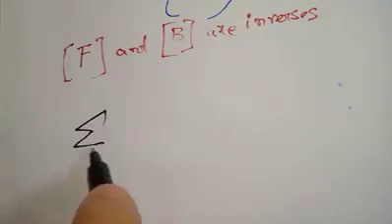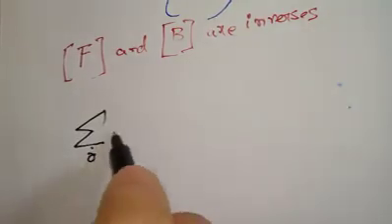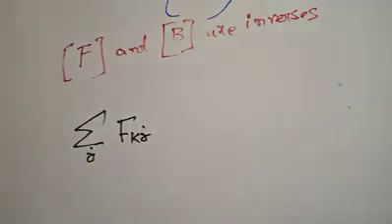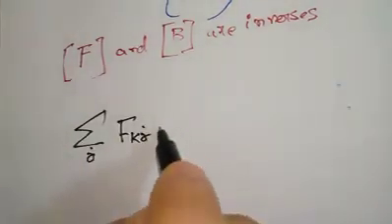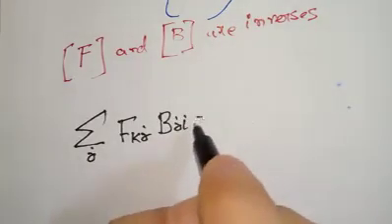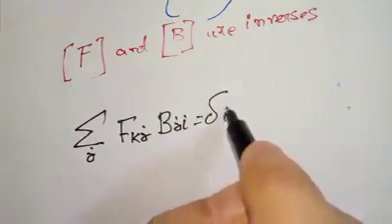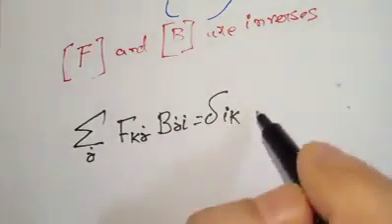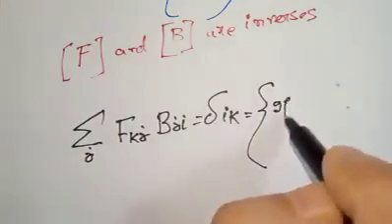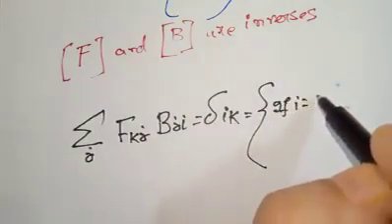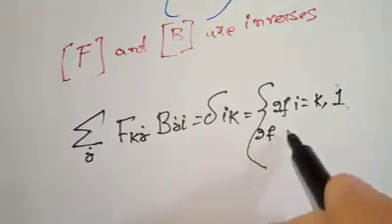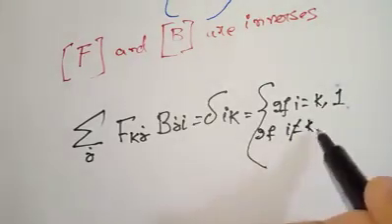So we write the sum over j of f subscript kj, then we have the backward b_ji, equals Kronecker delta ik, this is the row and the column. This would be equal to, given a condition, 1 if i equals k, and 0 if i is not equal to k.